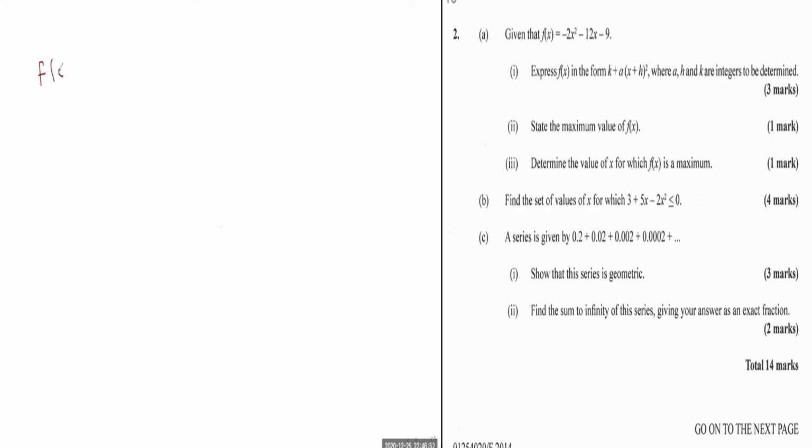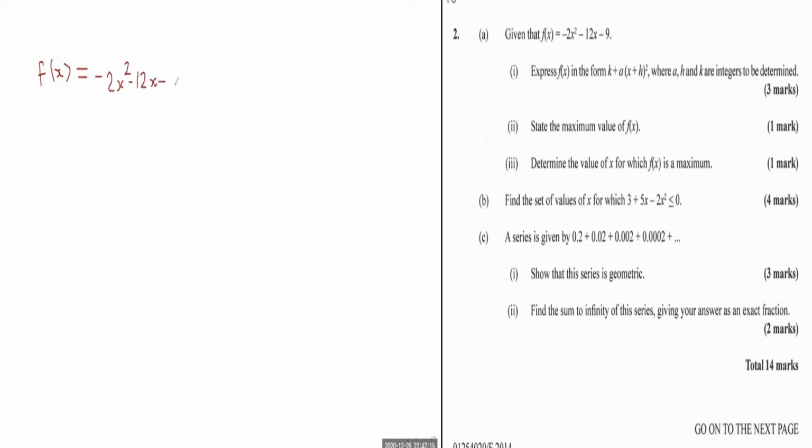They told us that f of x is equal to minus 2x squared minus 12x minus 9. This is f of x.